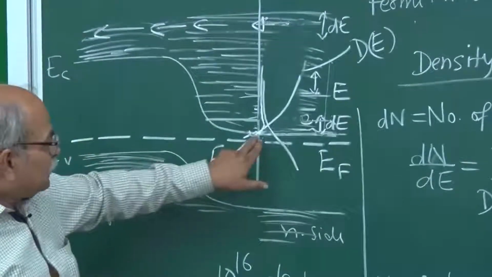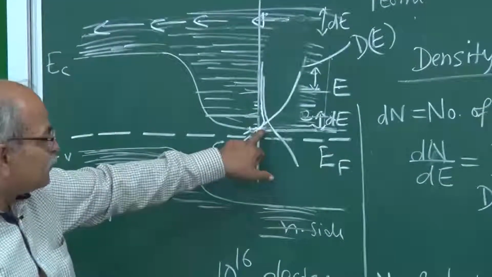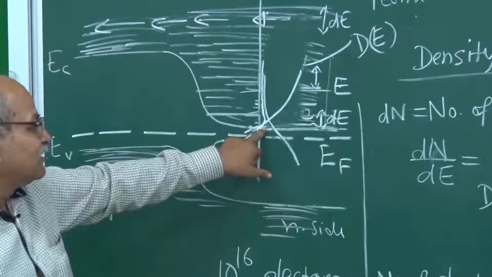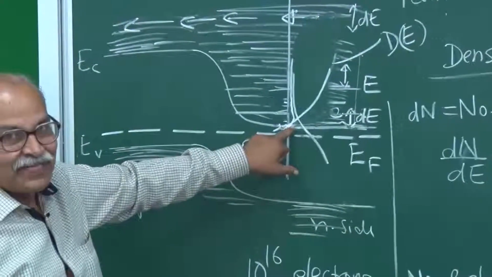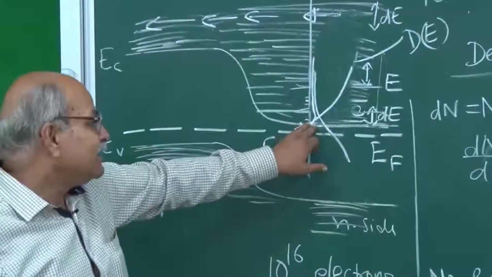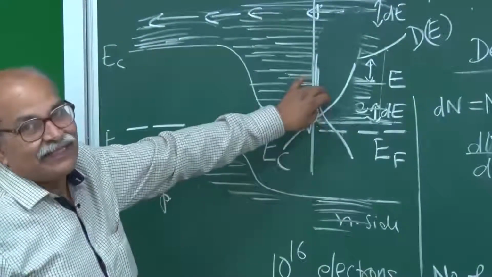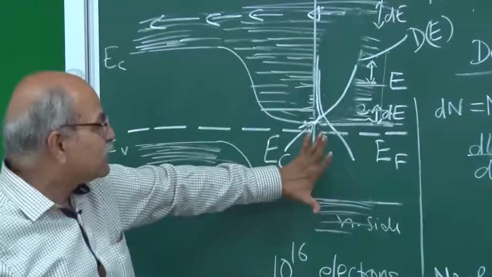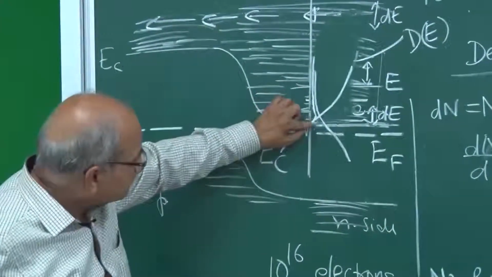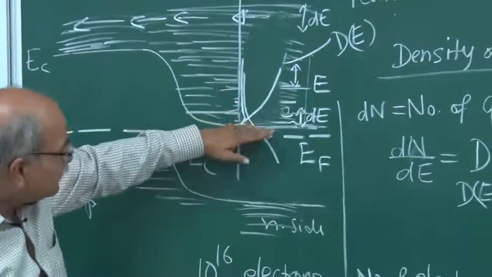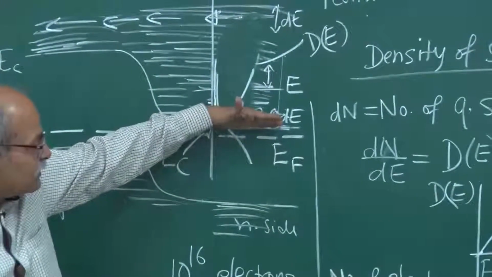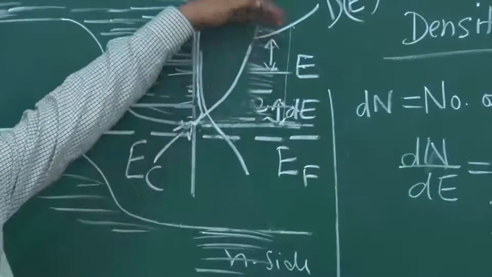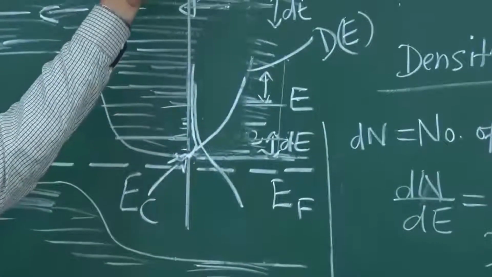Right at the bottom you do not have maximum number of electrons because the density of states is very, very small here. Slightly above it maximizes and then it decreases. But for all practical purposes you can neglect that variation here, and you can say that lower the energy, larger are the number of electrons, and then as you go up that number decreases.